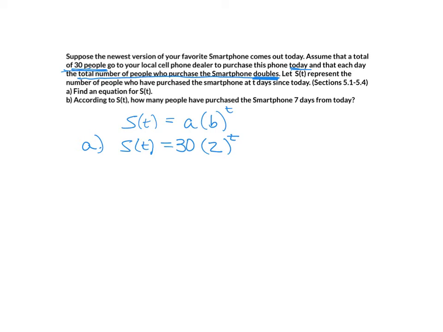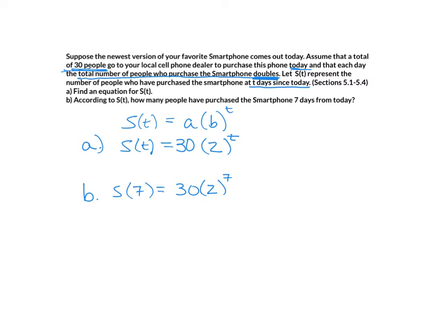For part B, it says, according to S of t, how many people have purchased the smartphone 7 days from today? Notice t represents the days since today. So for part B, we want to calculate S of 7. If we plug in 7, we get 30 times 2 raised to the 7th.